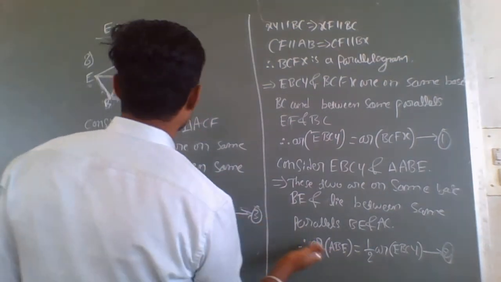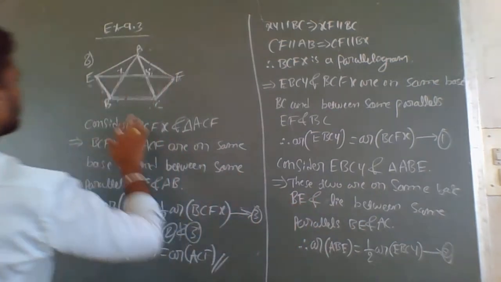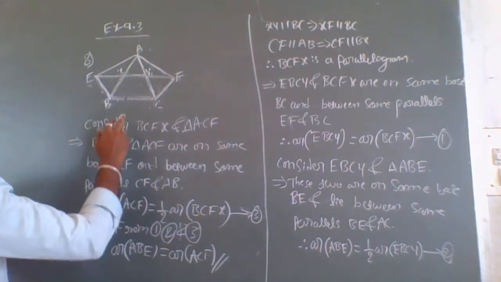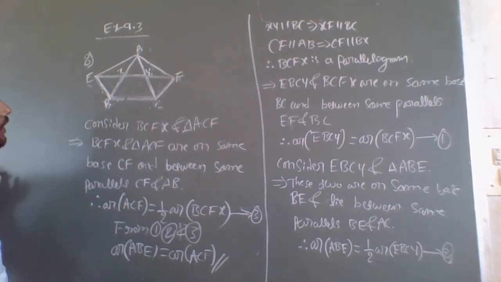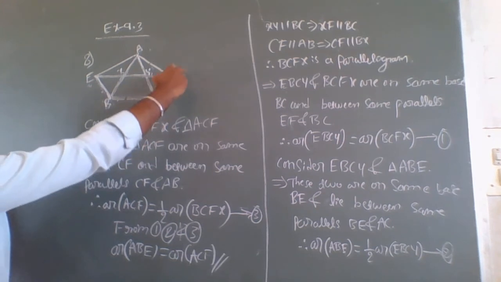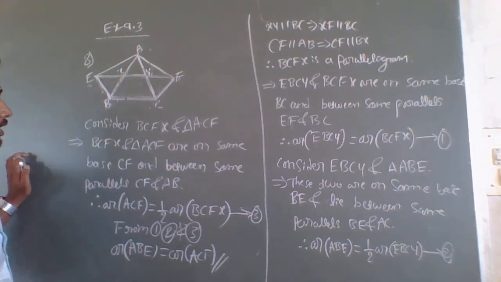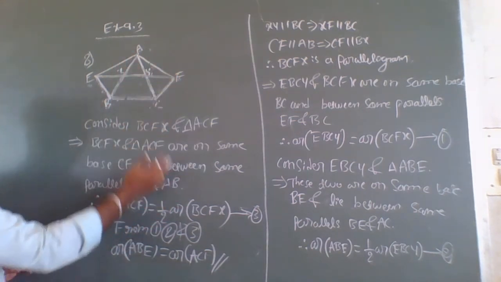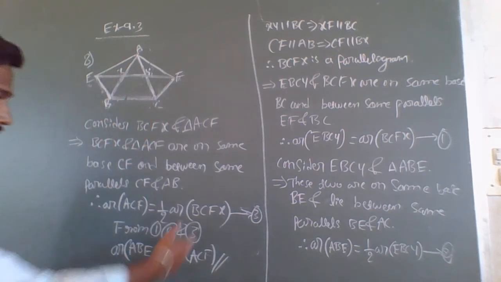Therefore, the area of this triangle equals half of the area of parallelogram EBCY. This is the second one. Next, we considered the next parallelogram BCFX and triangle ACF. Again, these two are on the same base and between the same parallels. Therefore, the area of triangle ACF equals half of the area of BCFX. This is the third equation.